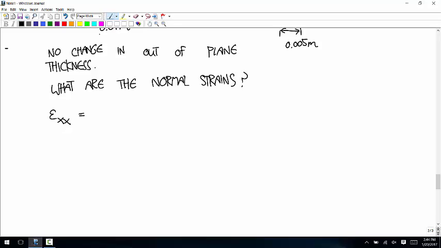We don't know what it is. Let's say that the original object had a thickness into the page of capital L. And it said that thickness doesn't change after the deformation. So we just have L minus L over L equals 0. So that's just saying there's no deformation along the x-axis.